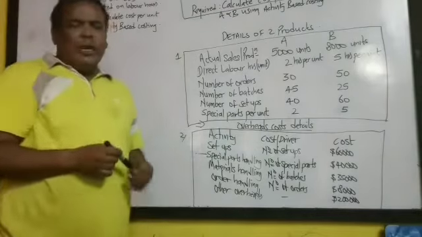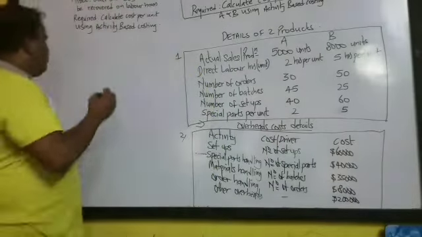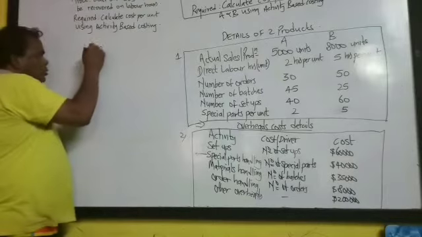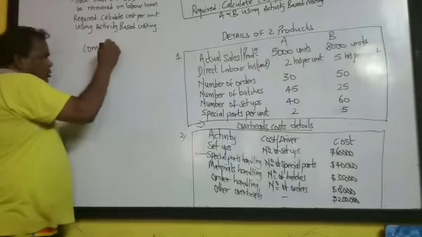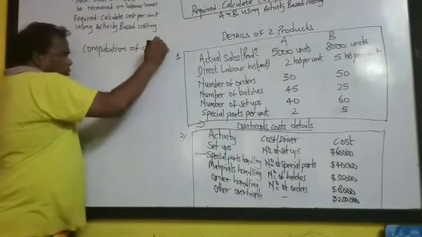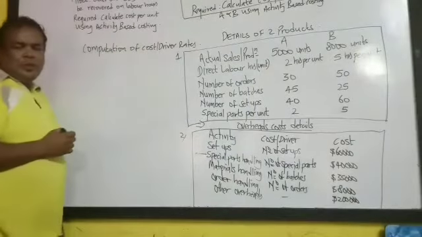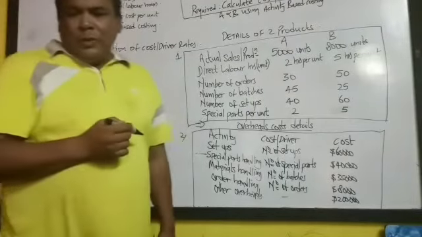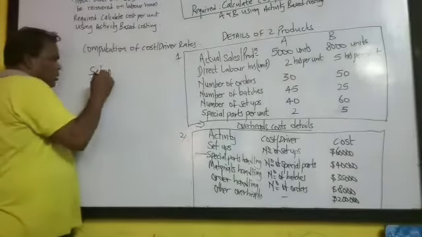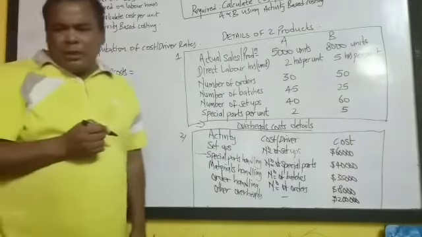So, first of all, we have to calculate the cost driver rates. So, the first one, computation of cost driver rates. We have for setup cost, we have to calculate the cost driver rate.